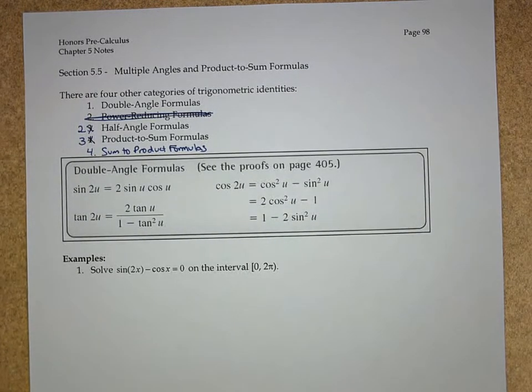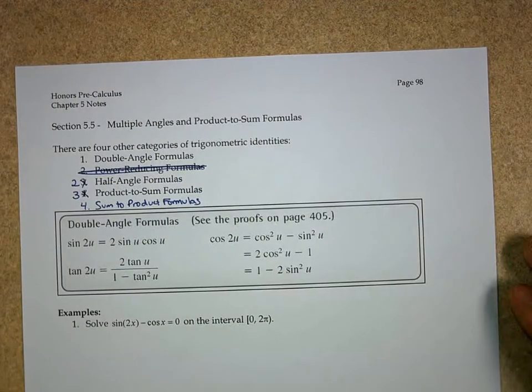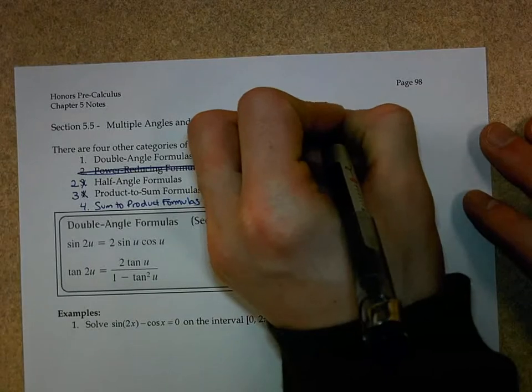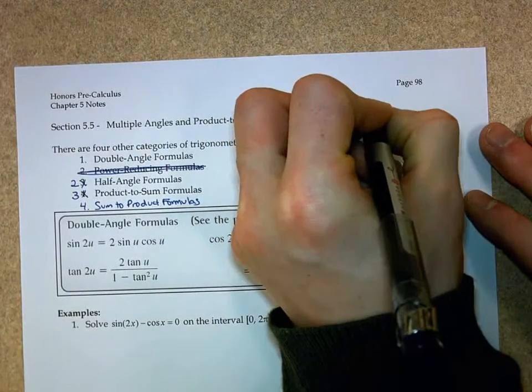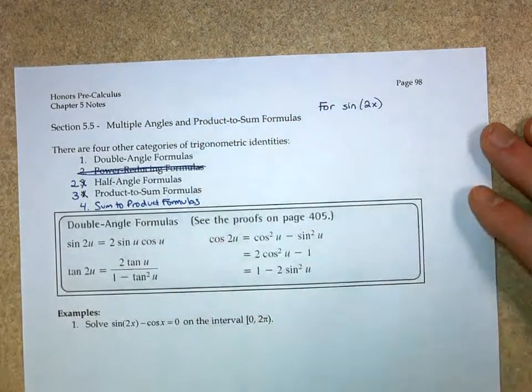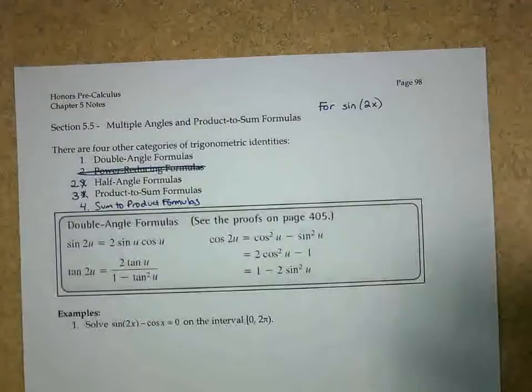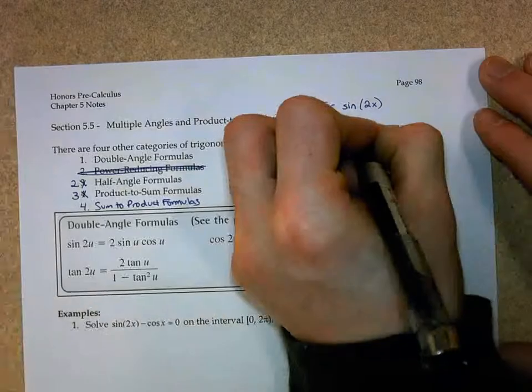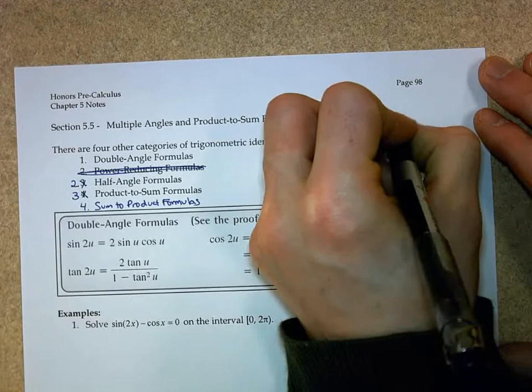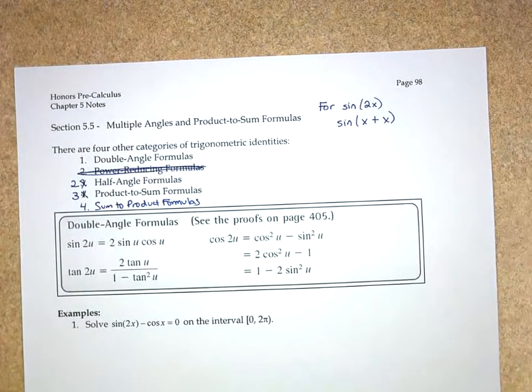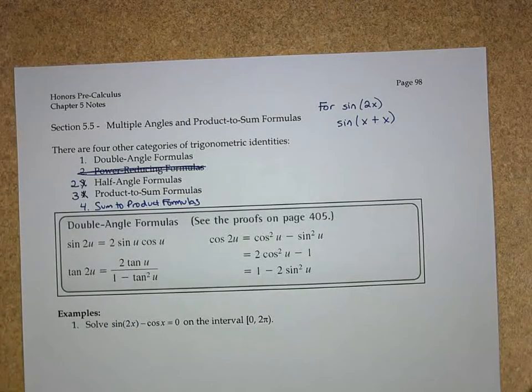In case you're wondering where these come from, let's just create the sine of 2u really quick. If we think back to our previous section, so for the sine of, I'm going to put 2x. 2x I can write as the sine of x plus x. Break the 2x down to x plus x.